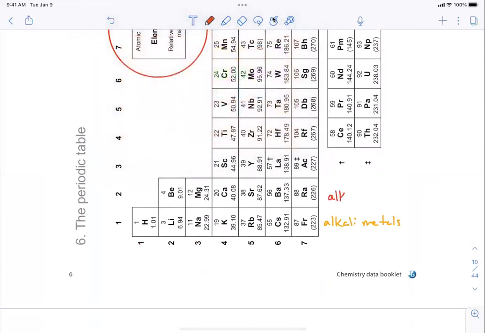Group 2, your alkaline earth metals. So alkali metals group 1, alkaline earth metals group 2. Alkaline, correct. It's implied that they are bases, but they're not as basic as the group 1 metals when they react with water. So alkaline is like base-like.